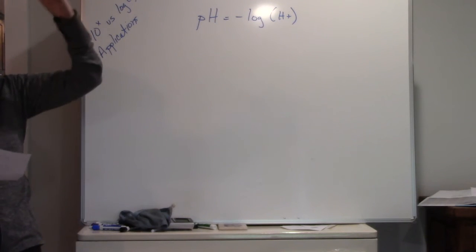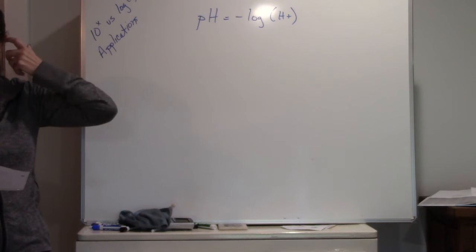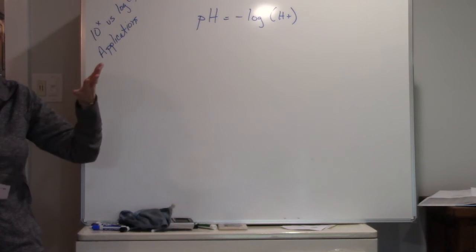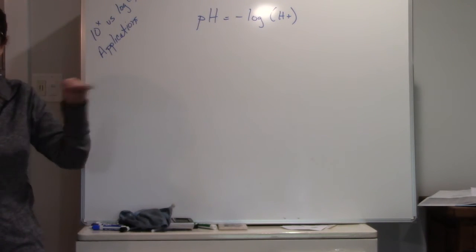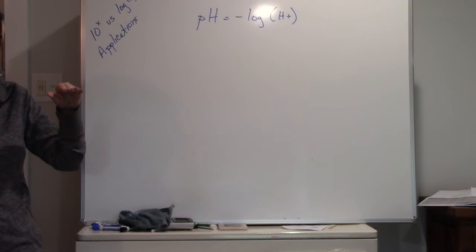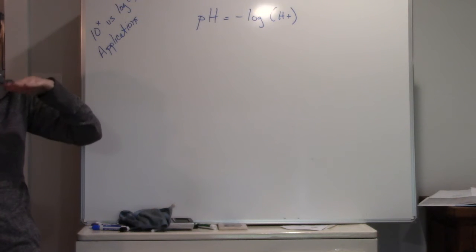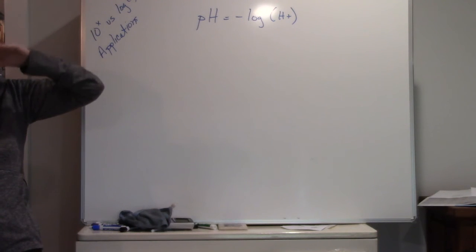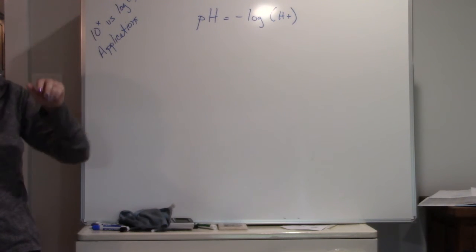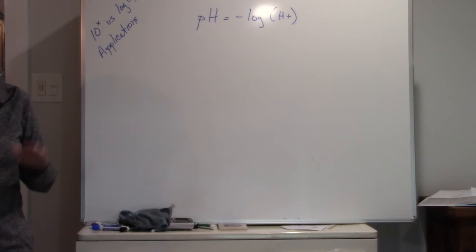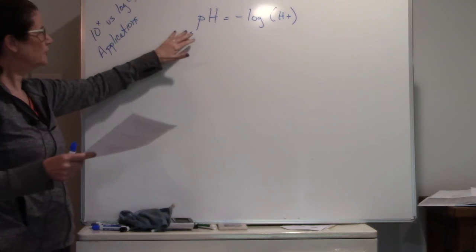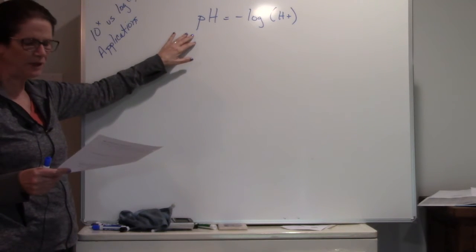Anything above 7 is what they call basic or alkaline. So an example of that would be like baking soda, something that kind of lowers the pH value. So the higher the pH value, the more basic or alkaline it is. The lower the pH value, the more acidic it is. Okay? So this is our formula to find our pH.